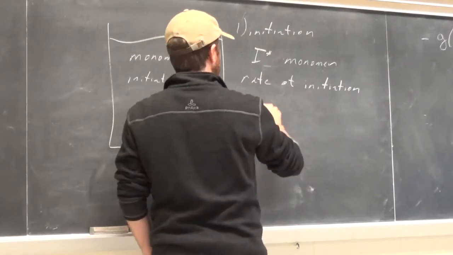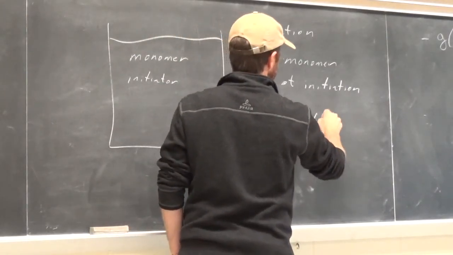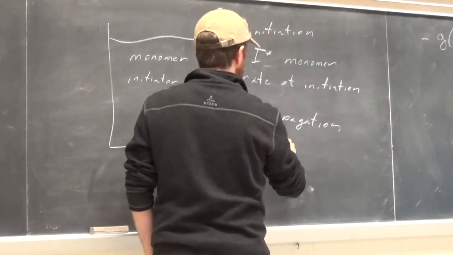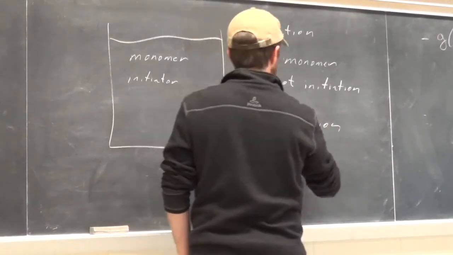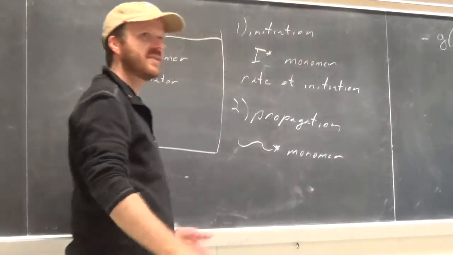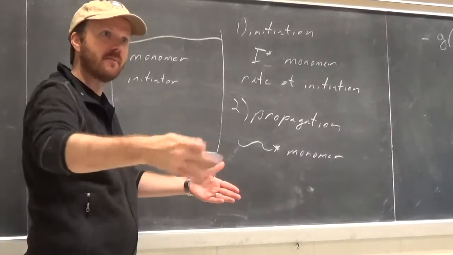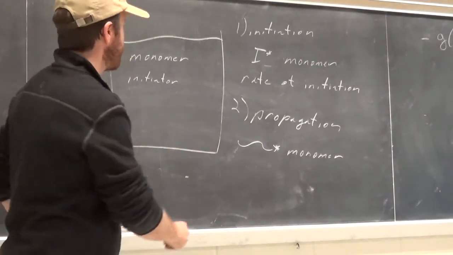Then we've got propagation, where we have a growing chain end reacting with the monomer. This is the chain growing. How fast do you add monomers to the end of the chain?